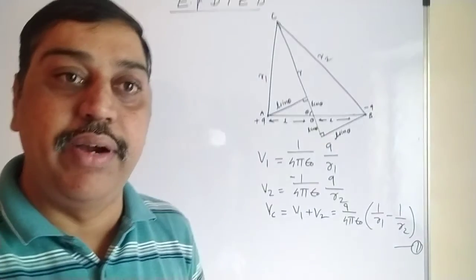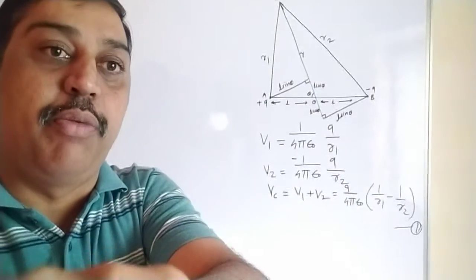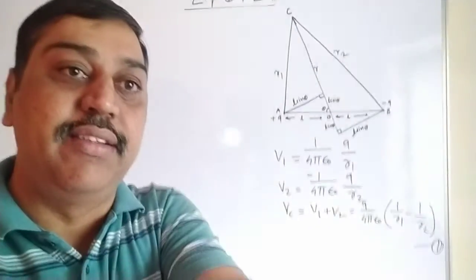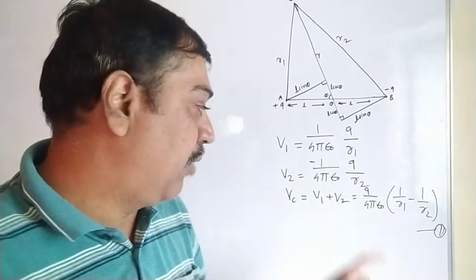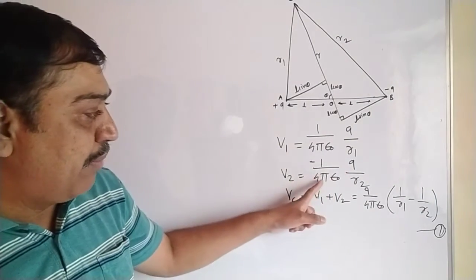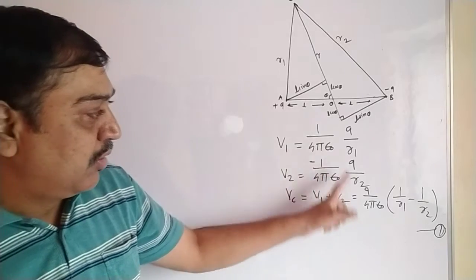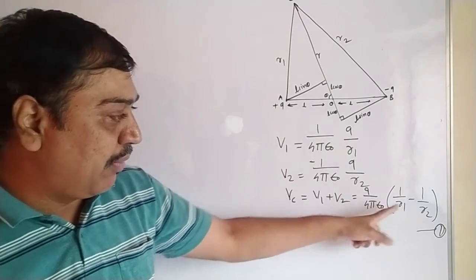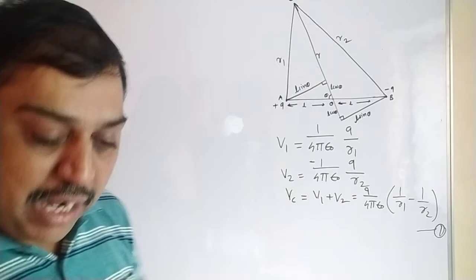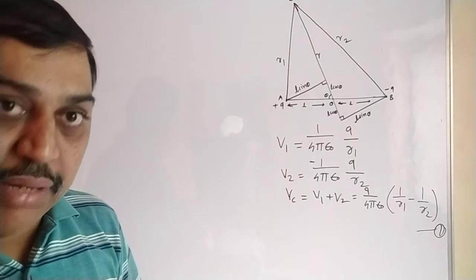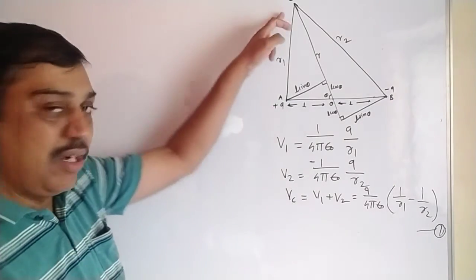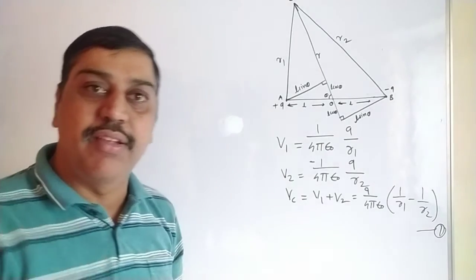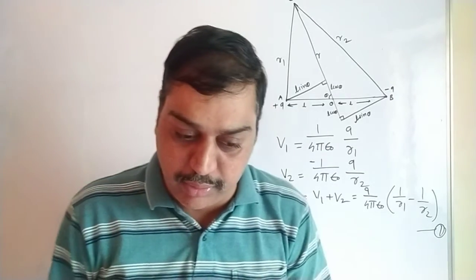So Vc equals V1 plus V2, which is Q divided by 4 pi epsilon 0 times 1 by R1 minus 1 divided by R2. This is the electric potential at point C due to the electric dipole having charges plus Q and minus Q together.